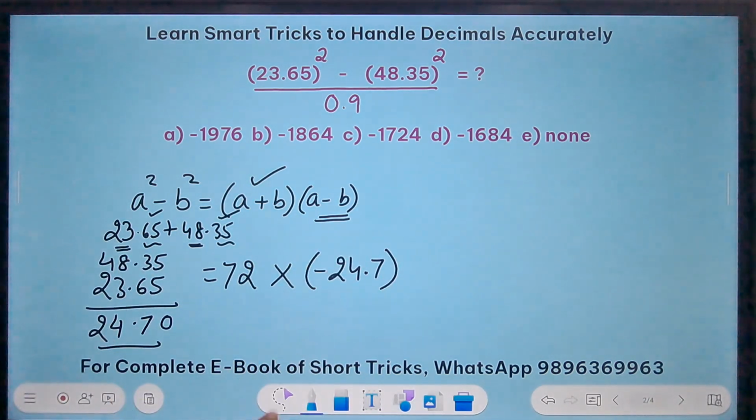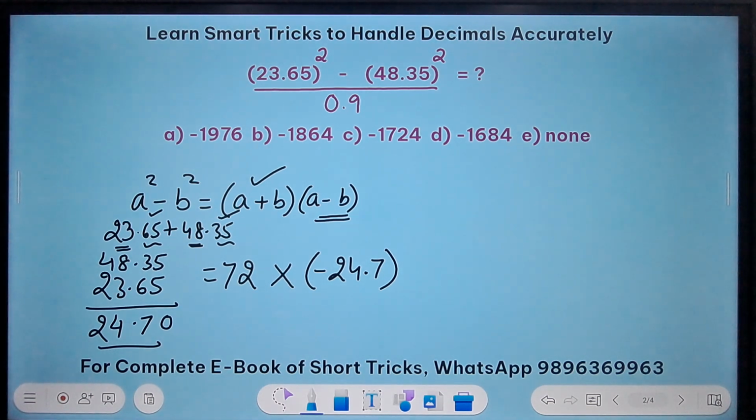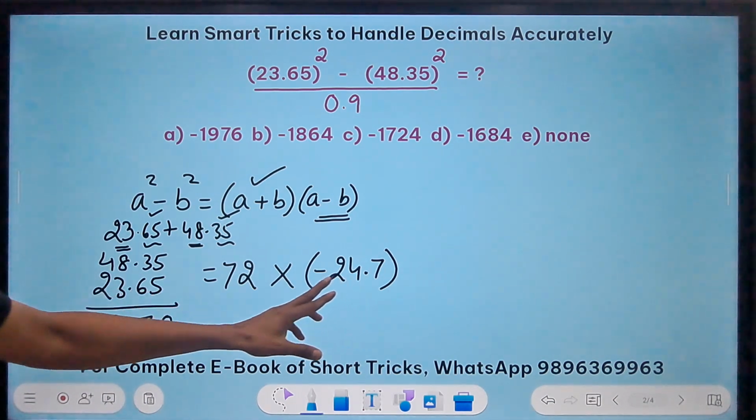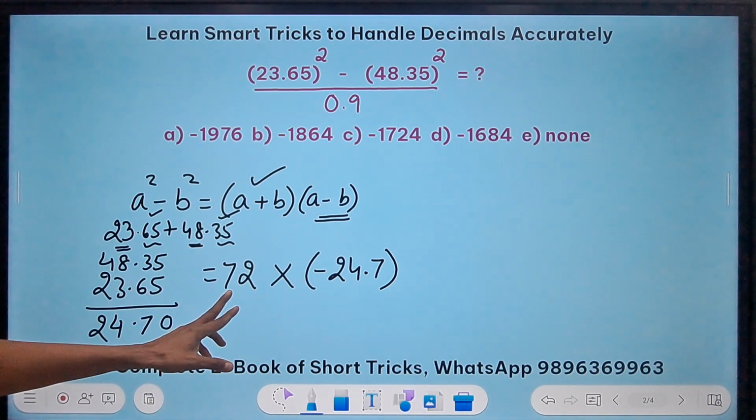And now comes the use of vertically and crosswise again. Now, how do you tackle this particular part? This is going to be really simple because we should know what we are actually up to here. Now see, the number which I have to deal with is 24.7 and I need to multiply that by 72.